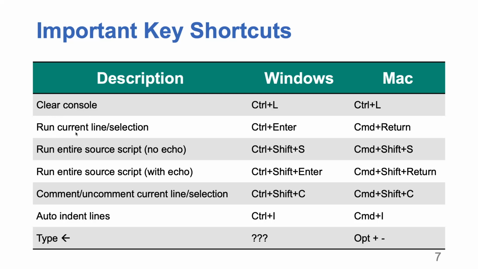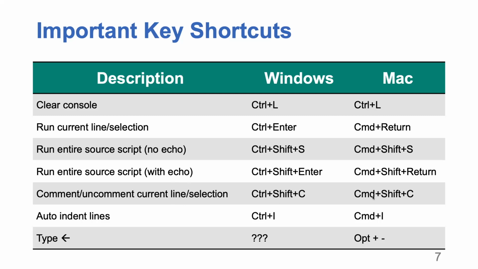This is one that I'll probably use the most in this course, where I'll highlight a portion of the script and then press Command Return on my computer just to run that line. You can do things like run the entire script with no echo, meaning that it won't show line by line what's happening in the console. You can run the entire source script with echo, which is, I think, the most common way that I've done it in the past.